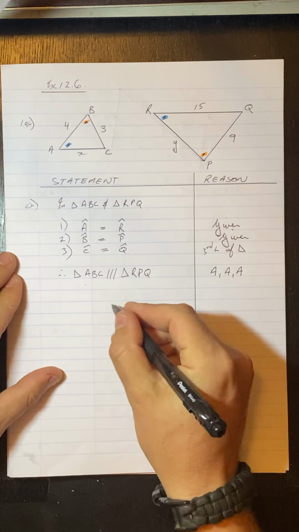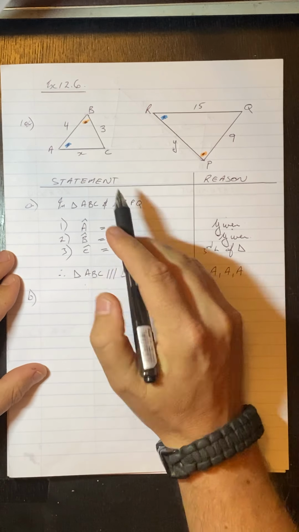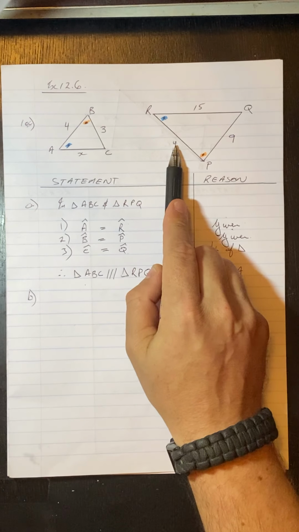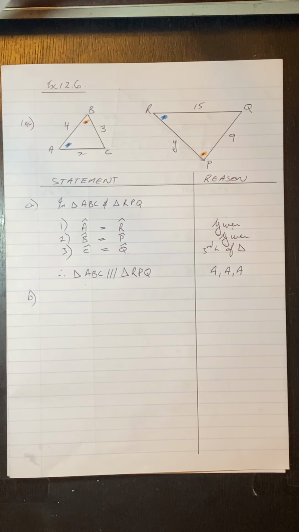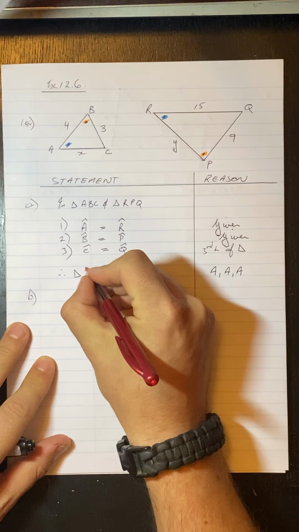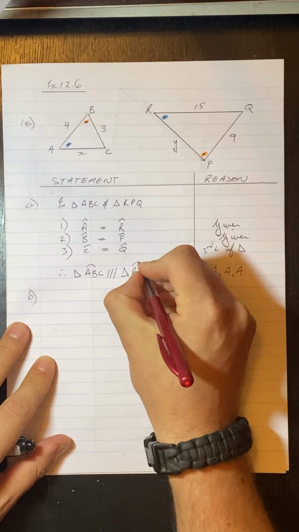The next question, question B, is asking us to find this X and this Y. And how we do that is by using our similarity. And the similarity, or the little fractions, like I showed you guys the other day, is from our little hops. And how we do our little hops, if you remember, is this over this.